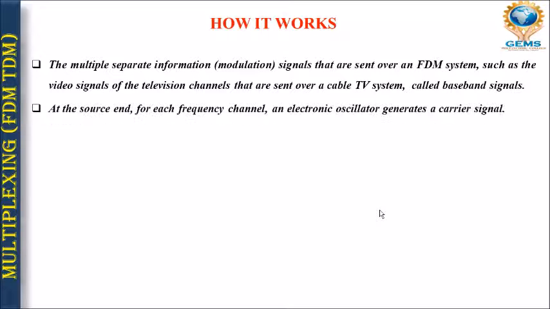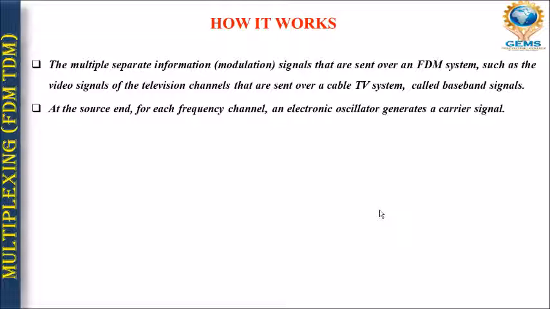At the source end, for each frequency channel, an electronic oscillator generates the carrier signal. As I have already taught you in the earlier session, the baseband signal is not at all sufficient to travel by its own. It has to have a carrier signal, and the carrier signal is generated by the oscillator attached at the sender end.